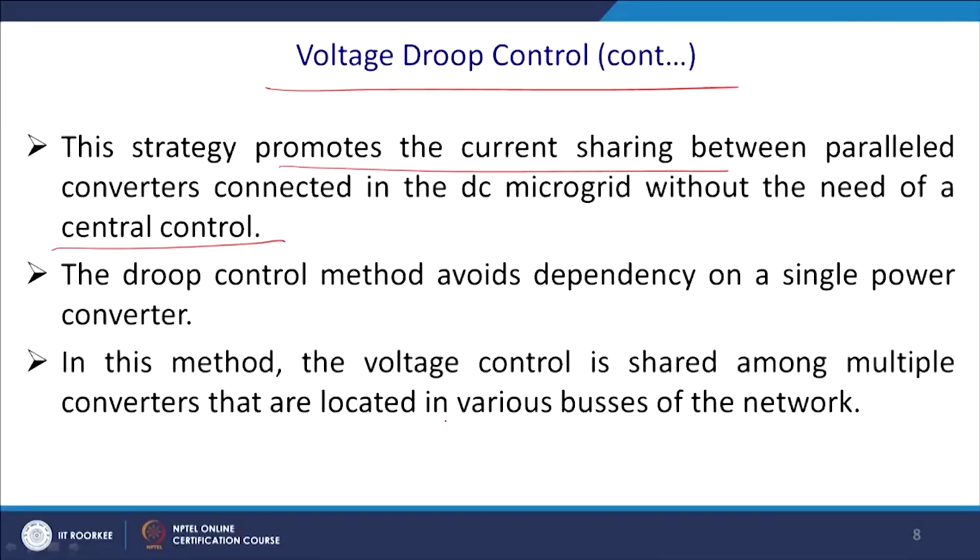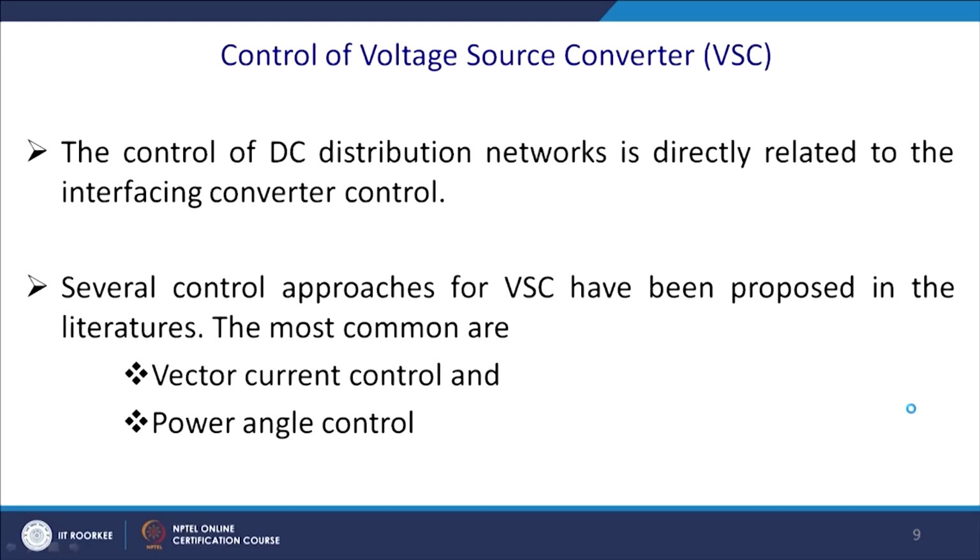That is what is stated: in this method the voltage control is shared among the multiple converters that are located at the various buses of the network, and also it has got excellent relaxation time. The control of the DC distribution network is directly related to interfacing converter control.